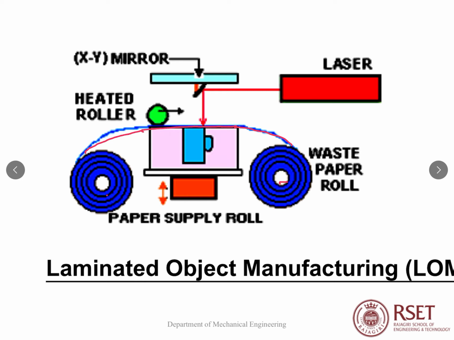This will be placed, and the heater roller bonds it to the bottom layers due to the action of the adhesive. Then the laser cutter, with the help of a mirror, will cut the contour so that we get the required shape. So that is laminated object manufacturing.